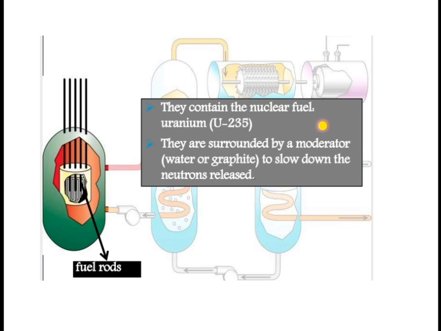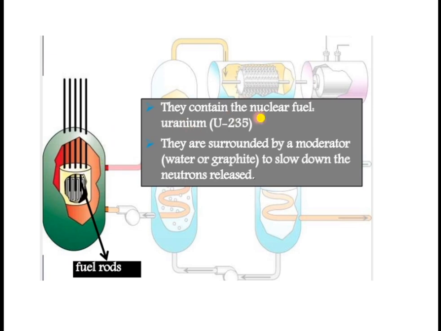This fission reaction is nothing but a nuclear chain reaction. Whenever neutrons are bombarded on the fuel rods, there is again a release of neutrons. Reflector plates are available here, which are useful so that the rate of the chain reaction can be increased.